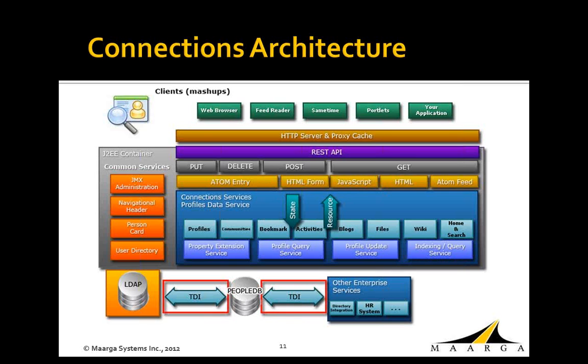So IBM Connections provides features to various types of clients or standard web ports. They use an API based on the REST protocol and Atom standards. As we all know, REST API is similar to HTTP, and it uses the same transport layer as standard web servers. It is also compatible with other proxy servers.